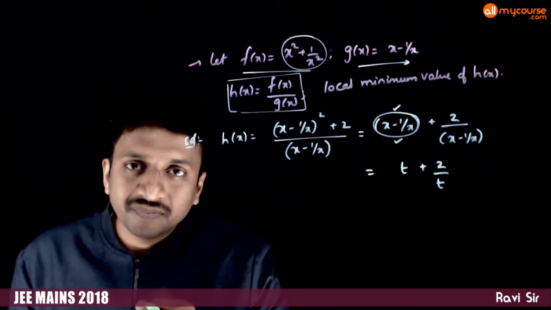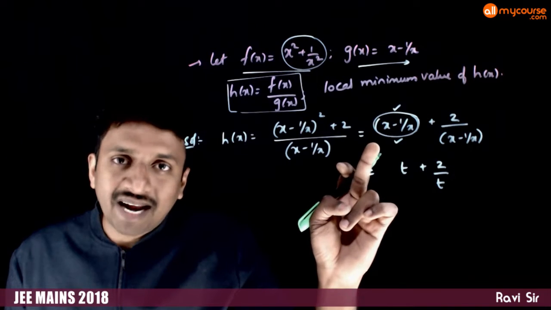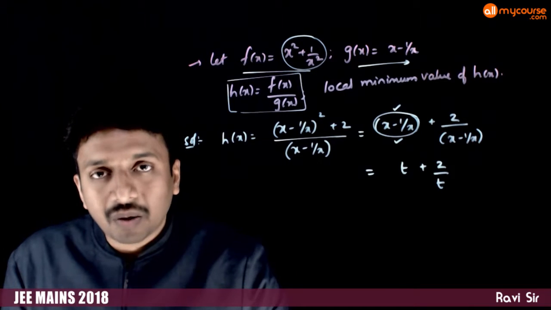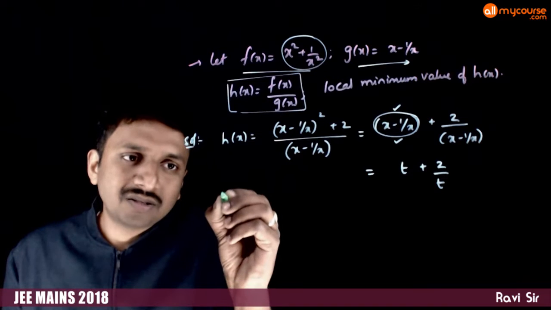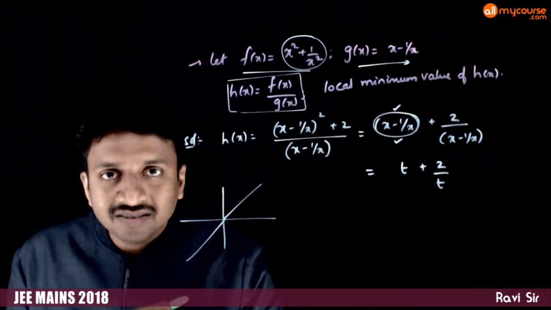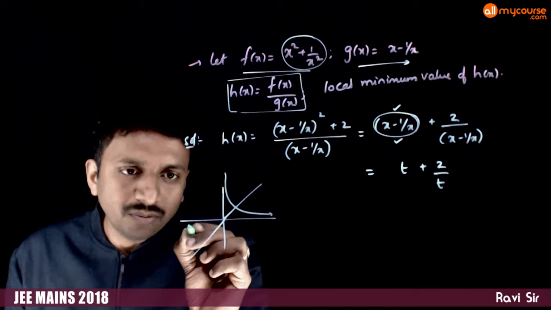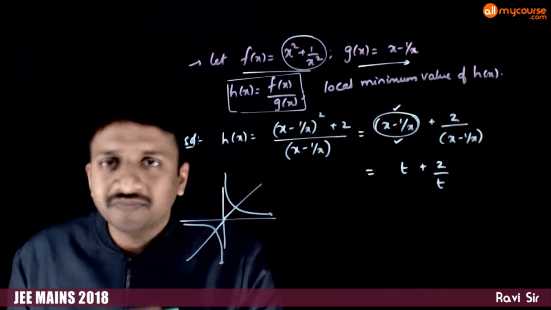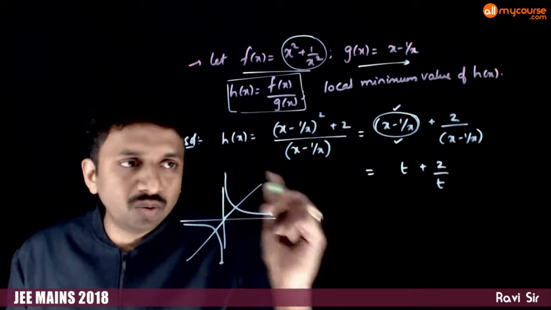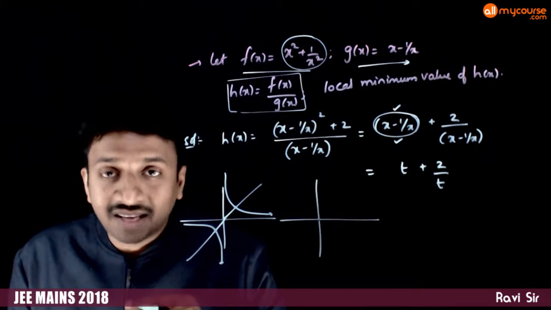So if you analyze x minus 1 by x, if you draw the graph, this is the graph of y is equal to x. This is the graph of y is equal to 1 by x. If you add these two, how do you get the graph?